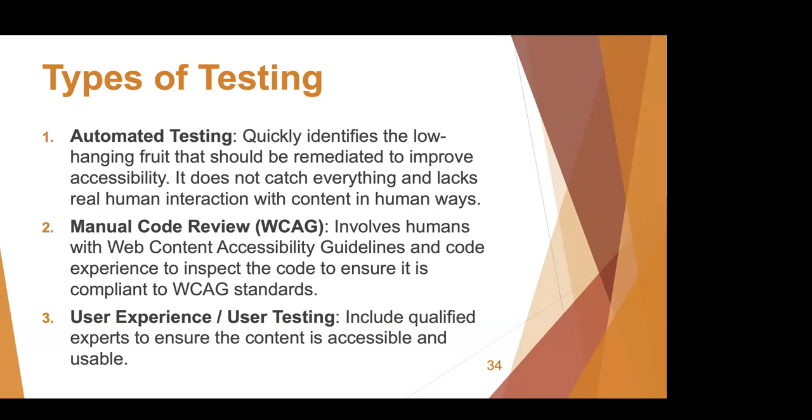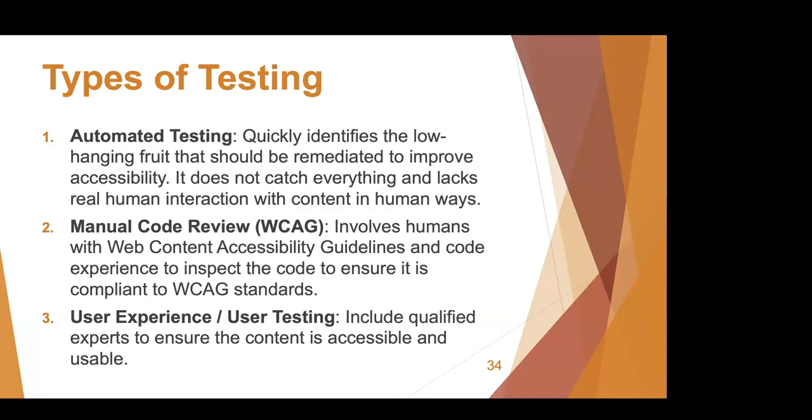It doesn't really have the human component to it. It isn't interacting with the website, and if an image is labeled or a button is labeled, it might not know that that label is bad. So going back to my search button example, if the button is labeled magnifying glass, that test is going to pass because the automated testing tool is going to see that the button has a label, and it's not going to matter that that label is maybe unhelpful to certain people. It's just going to matter that it has a label.